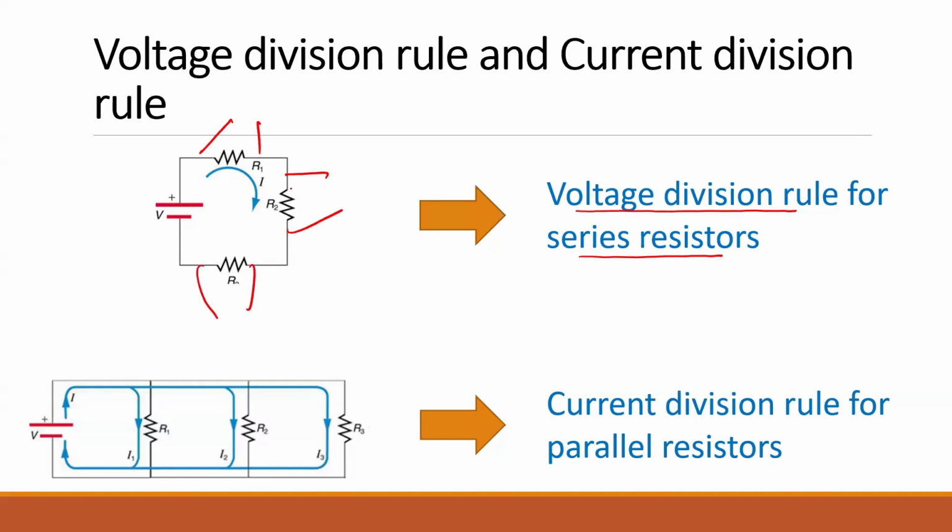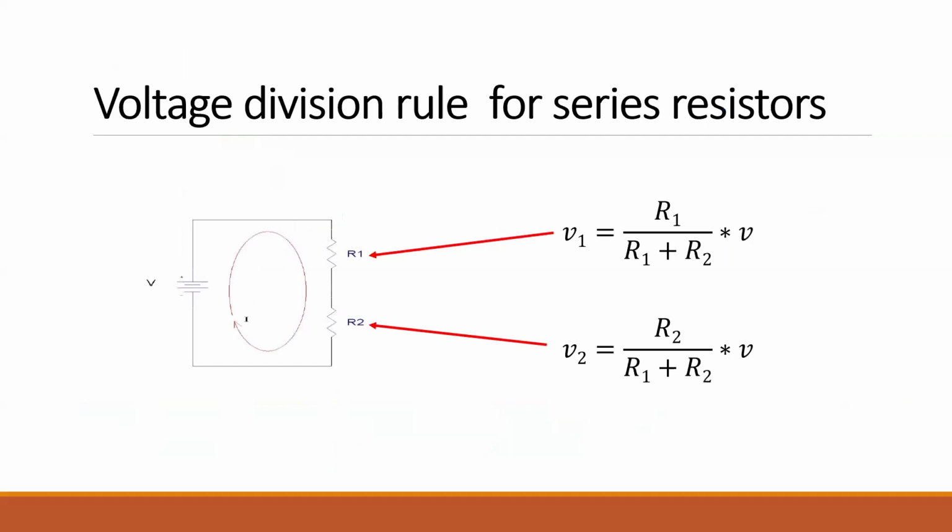So we are going to have an equation for finding this. And the current division rule is for the resistors which are in parallel, because we know in series resistors, same current is going through the resistors. But when the resistors are in parallel, current is splitting. So we should know how to find the current.